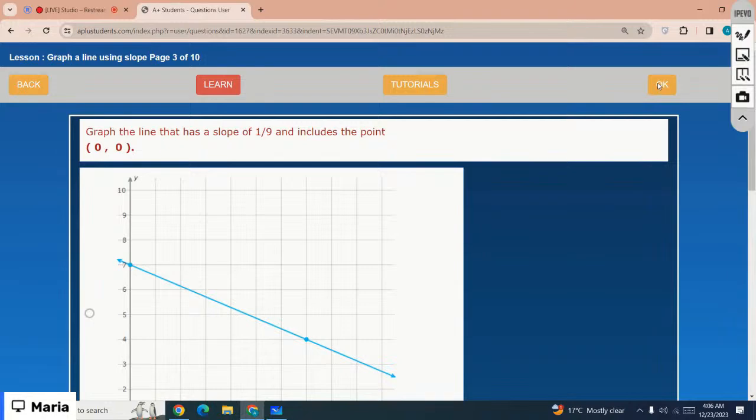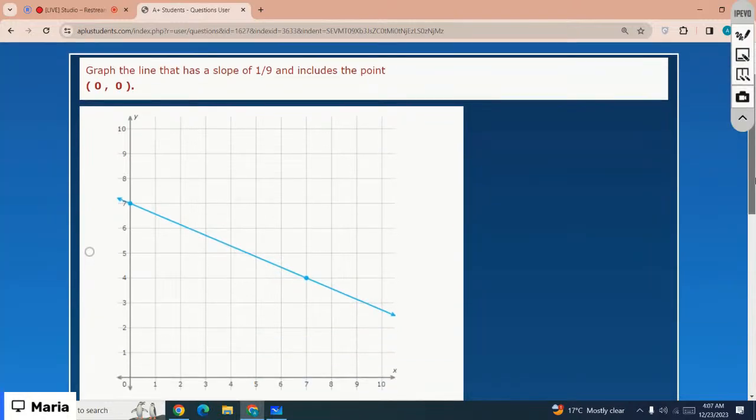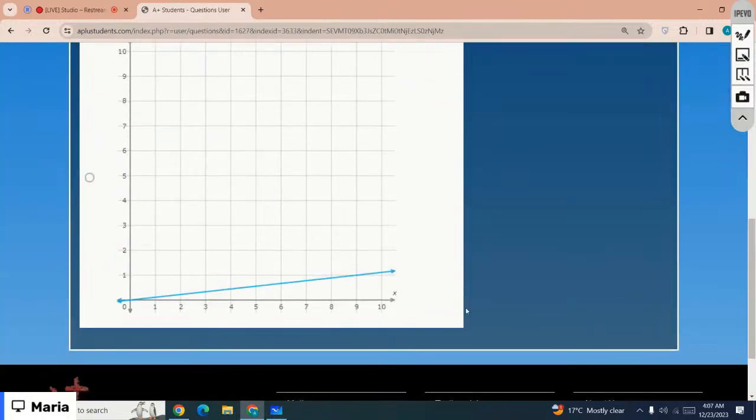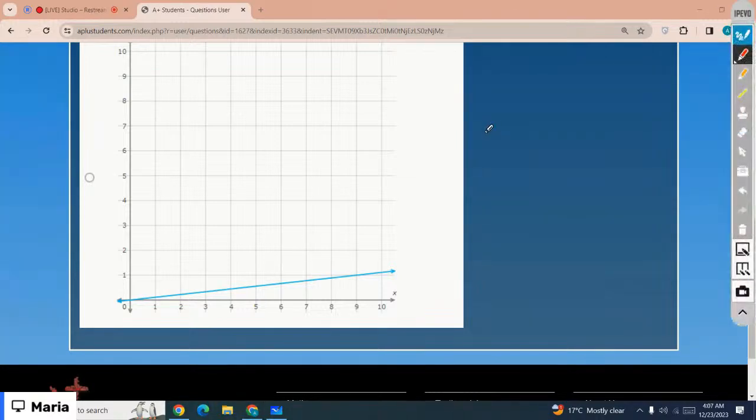Graph the line that has a slope 1 over 9 and includes the point 0, 0. Okay, now you're given the slope that is 1 over 9 and the line must include 0, 0. That means the line must be passing through the origin. So option 1 is not the correct option because this line is not passing through the origin. Here is the line that passes through the origin and the slope you are given is 1 over 9, right?